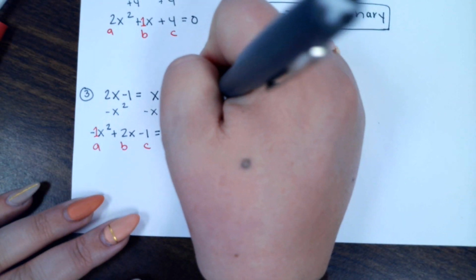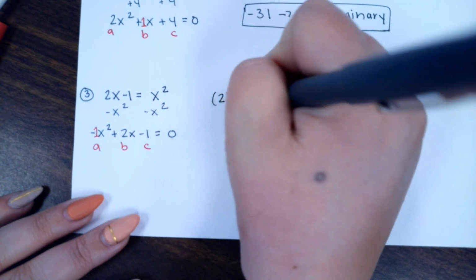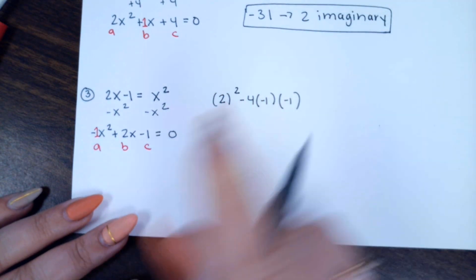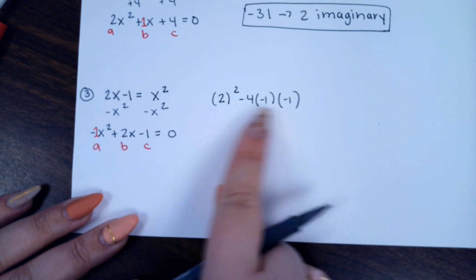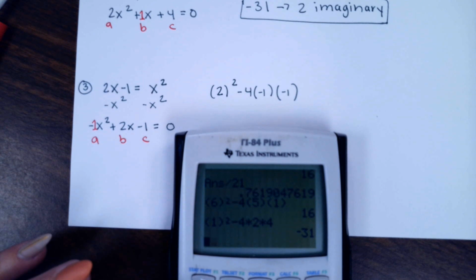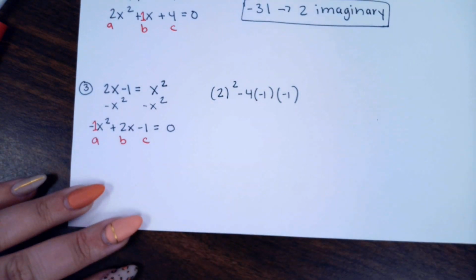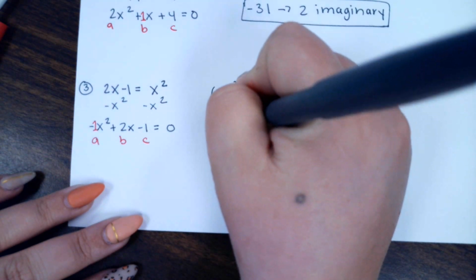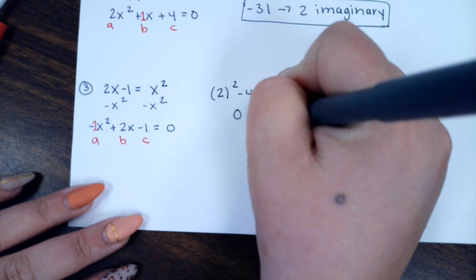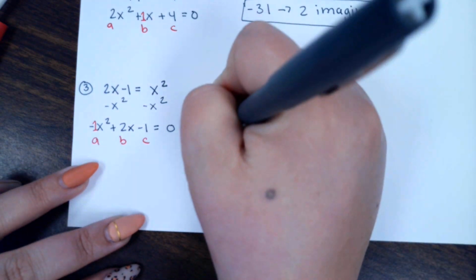So let's find the discriminant. 2 squared minus 4 times A times C. Make sure you have your negatives on A and on C there. All right, let's type it in. 2 squared minus 4 times negative 1 times negative 1. Look at that, we get 0. That means we have one real repeated solution.